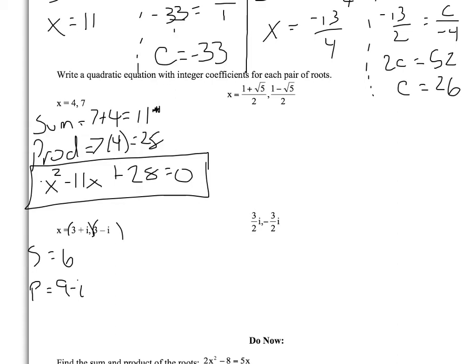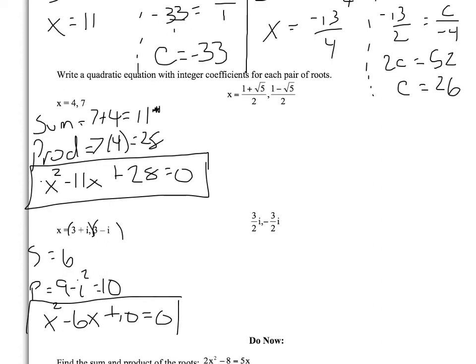So minus i squared. i squared, say negative 1. So 9 minus negative 1 is 10. So my equation is going to be, start with an x squared, change the sum to negative 6x, and the product keep it the same, plus 10 equals 0. Please make sure you're putting the equals 0 afterwards. If you don't, it's not an equation and I have to take points off for it.